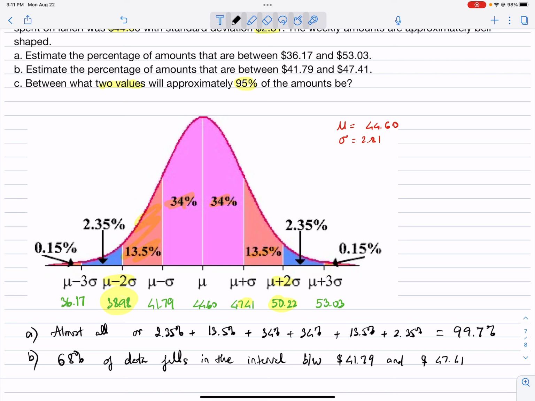For part C, we answer that the two values are 38.98 and 50.22. What it means is that 95% of the people that you survey will spend between 38.98 and 50.22 for their lunch break.